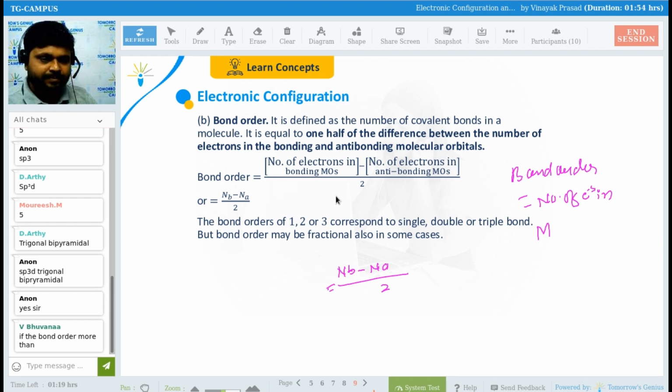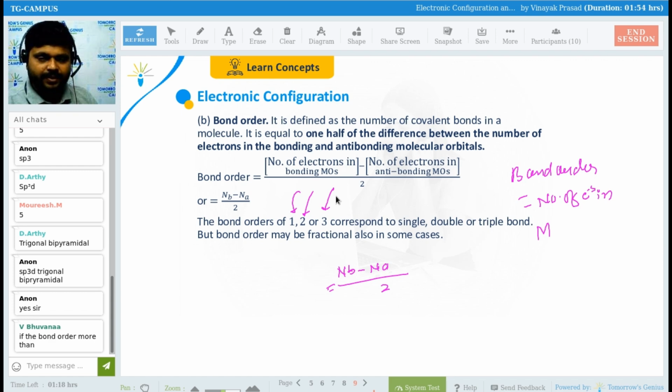Please tell me. Now, the bond order of 1, 2, 3 corresponds to single, double and triple bonds. Suppose the bond order is 1, it will be related to a single bond. If the bond order is 2, it means there is a double bond. If the bond order is 3, there will be a triple bond.